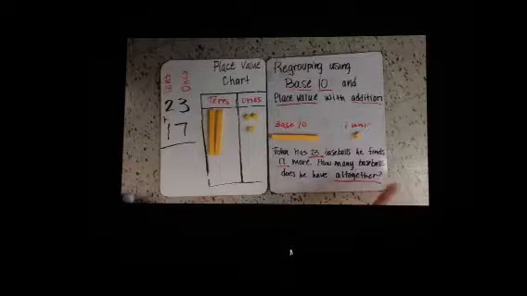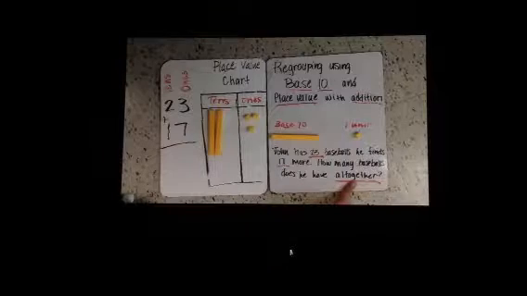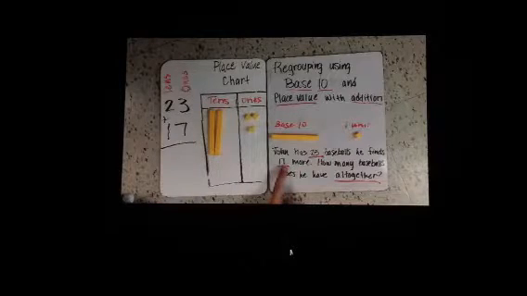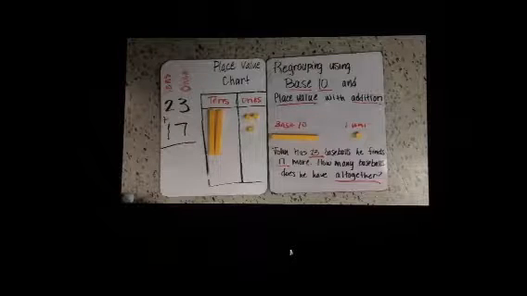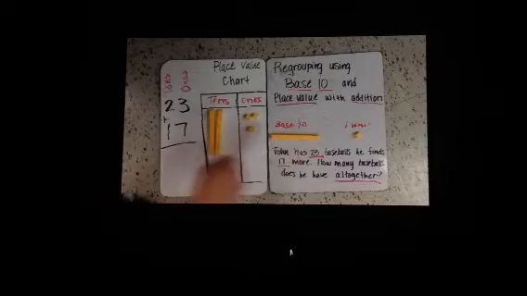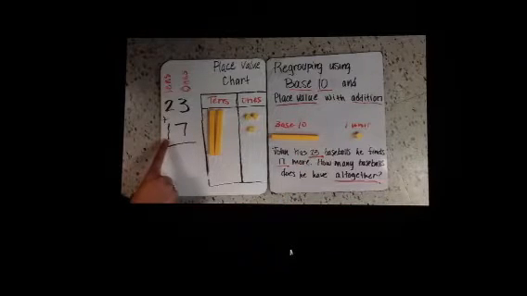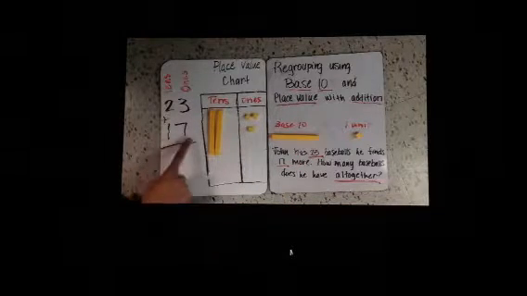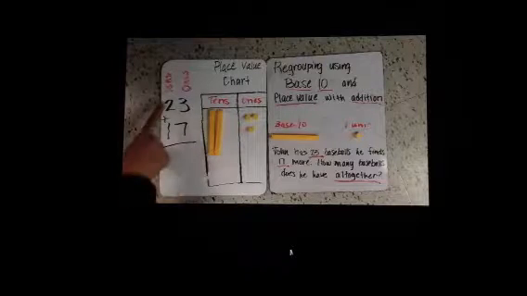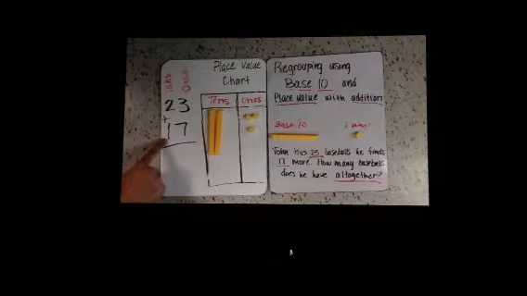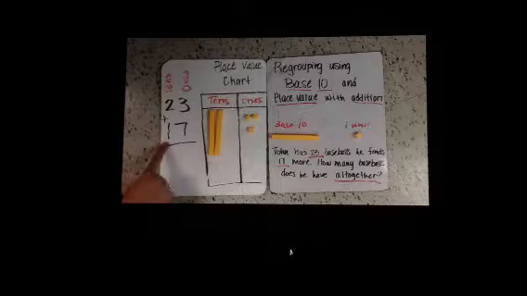Now, how many baseballs does John have altogether? He finds 17 more. So what we are going to do is add. Since he's found 17 more, we're going to look at our 17. There's 1 in the tens place, so that tells us that we need 1 more base 10.